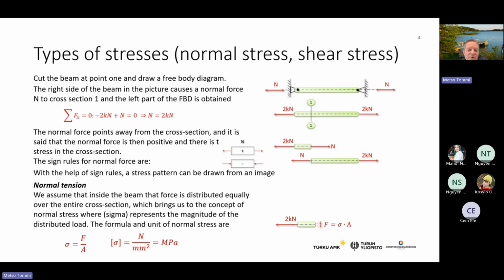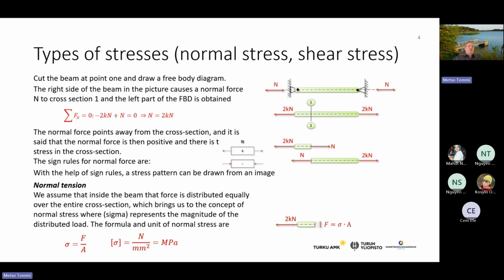And the answer is that in the middle is exactly the same force, because if we take a section from this beam, this section also has to stay still. So if there are 2 kilonewtons, there also have to be 2 kilonewtons. And those sign rules that we discussed in autumn, of course, are exactly the same.